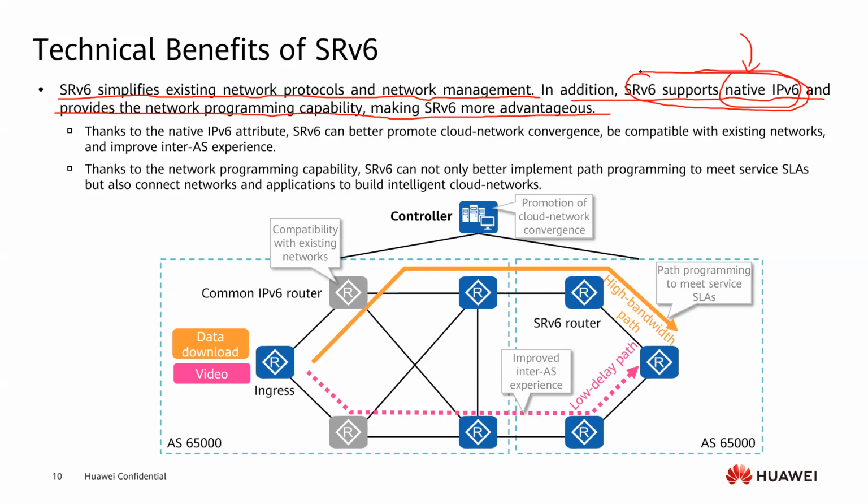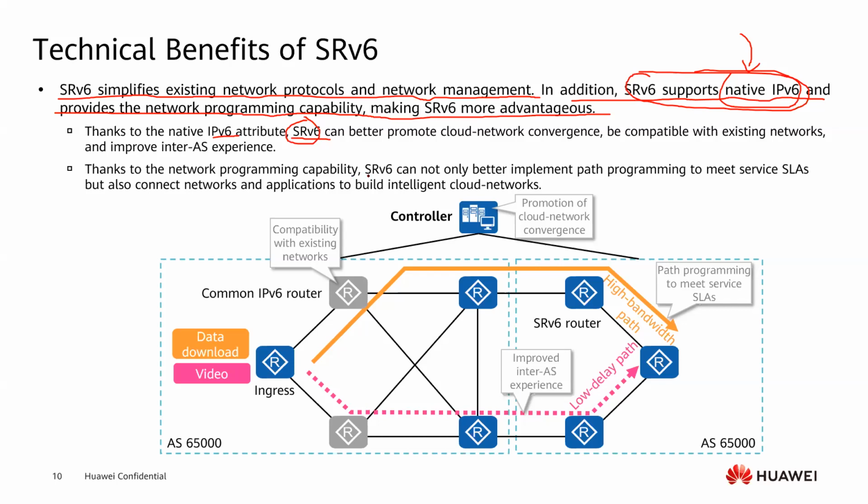This is a very important concept. Thanks to the native IPv6 attribute, SRv6 can directly forward based on the IPv6 routing table. You do not need to do any special configuration. But how can SRv6 do that? In the following pages, we will talk about it.